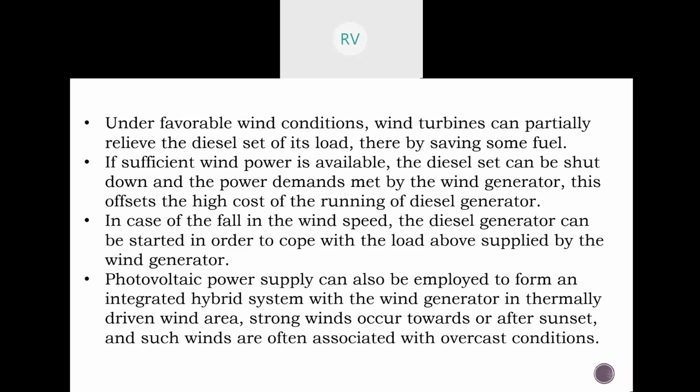If sufficient wind power is available, the diesel engine can be shut down, and the power demands met by the wind generator. This offsets the high cost of running the diesel generator. We can directly switch off the diesel generator and go for wind energy production itself.